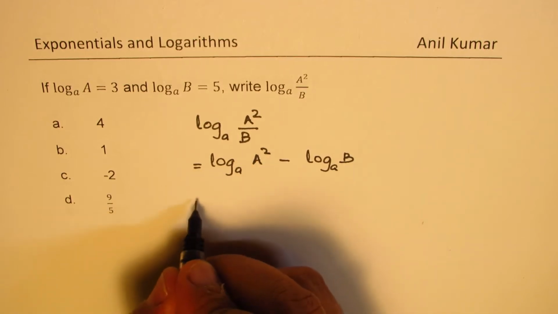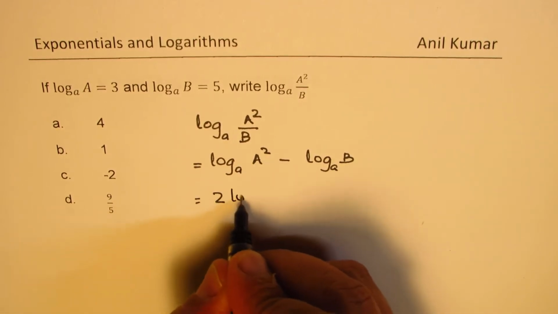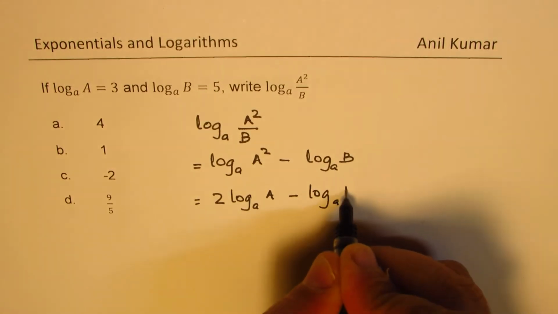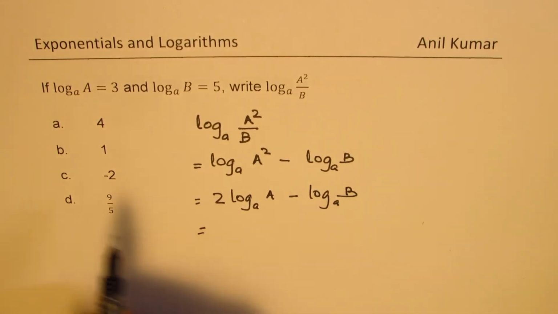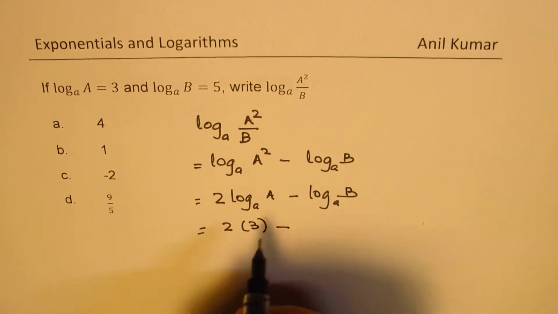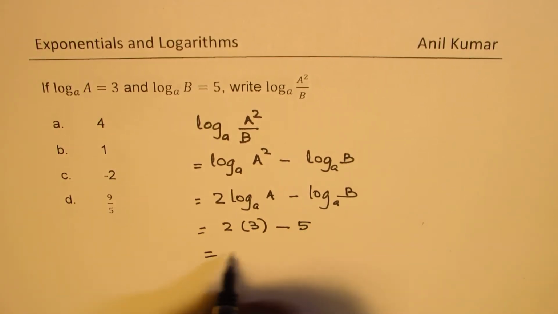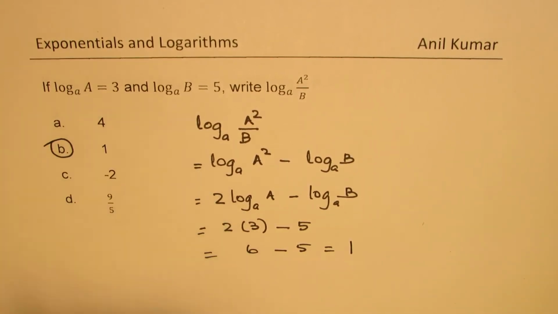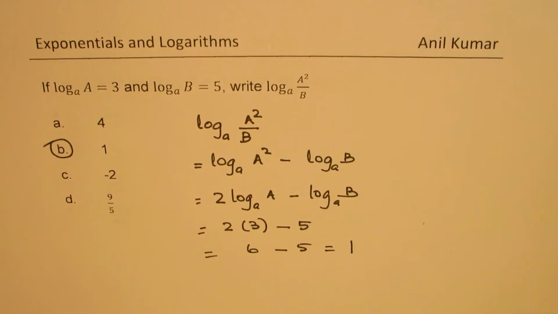So a square means 2, power rule has been now applied, 2 times log to the base a of a minus log to the base a of b, right? So log to the base a of a is 3, so we get 2 times 3 minus 5. So that is 6 minus 5, which is equal to 1. Option B is the right option.